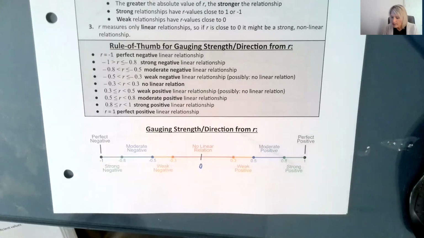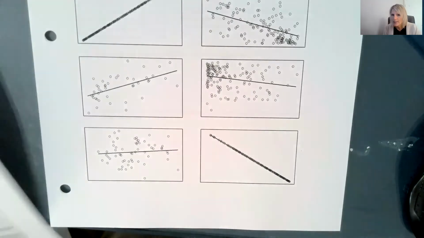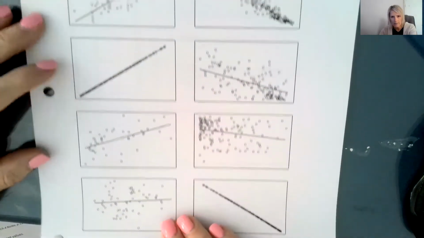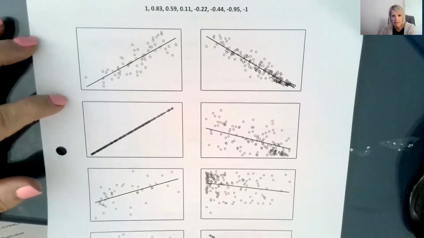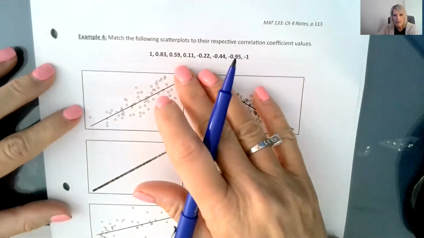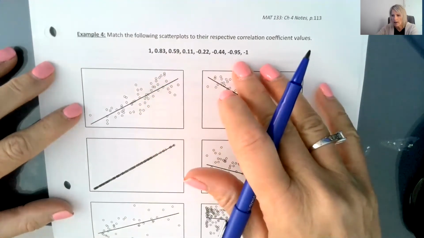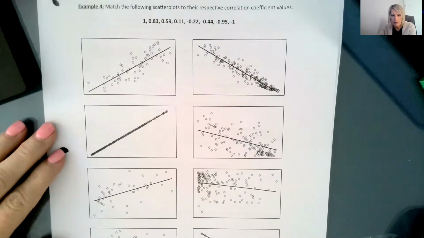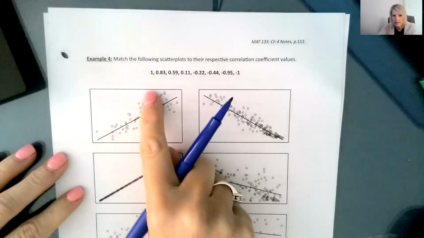Okay, so let's go ahead and flip the page. Page 113 gives us an opportunity to look at some scattergrams and just kind of put an idea to it, how we interpret these correlation coefficient values. I'd like you to pause the recording and do your best guess effort to take these values here.